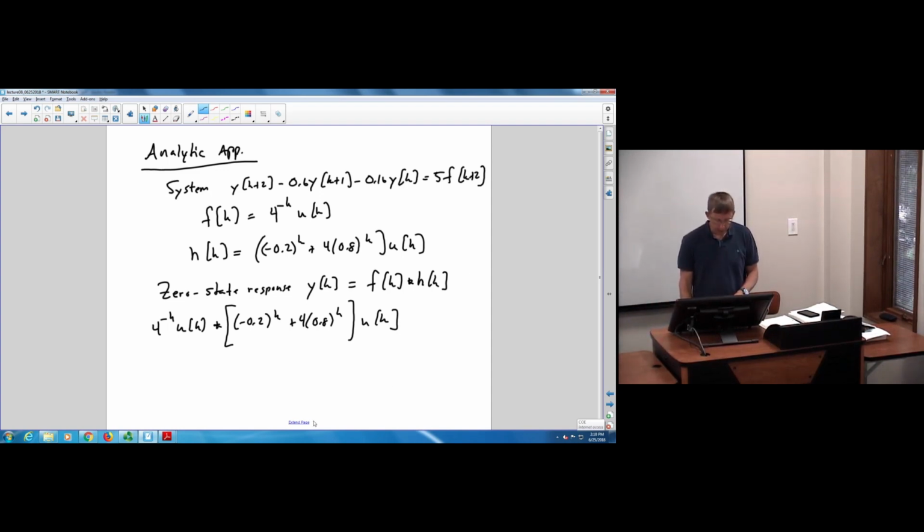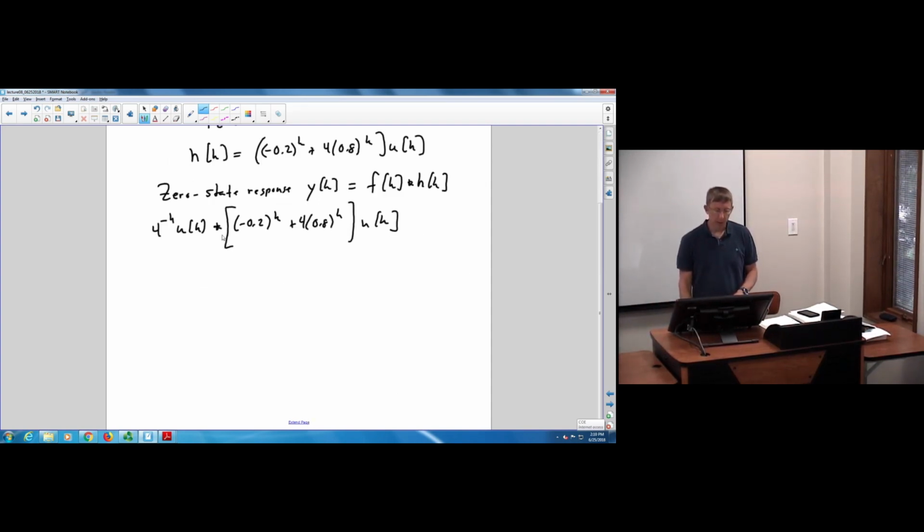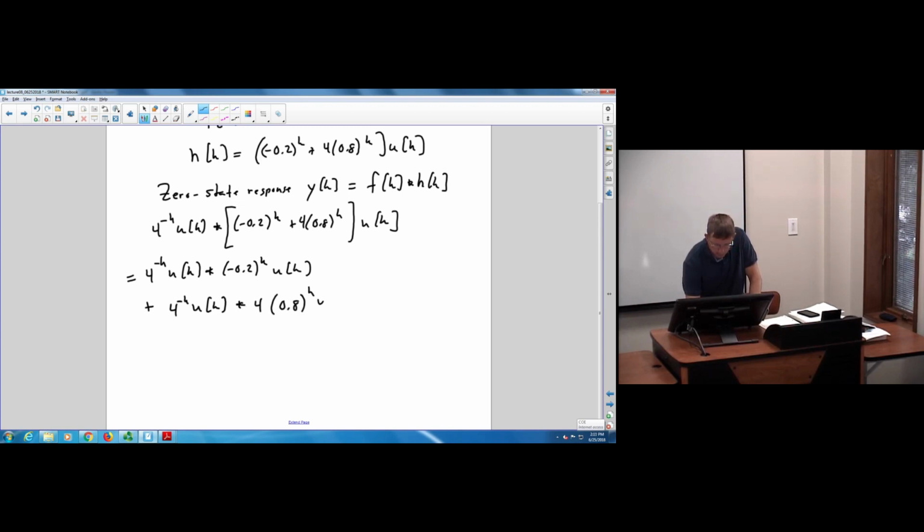One thing that we can do is we know that convolution is distributive. So let's distribute that convolution out. That would be 4 to the negative k u[k] convolved with minus 0.2 to the k u[k], plus 4 to the negative k u[k] convolved with 4 times 0.8 to the k u[k].